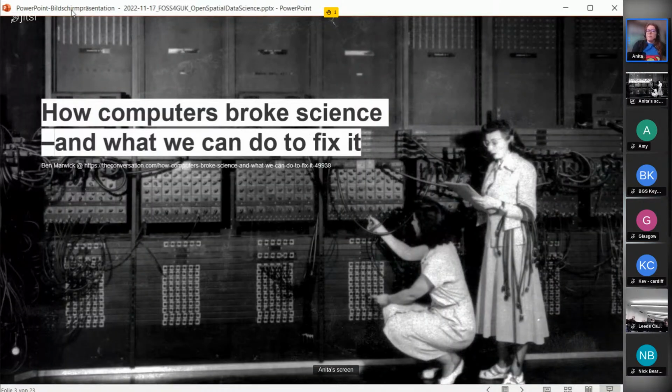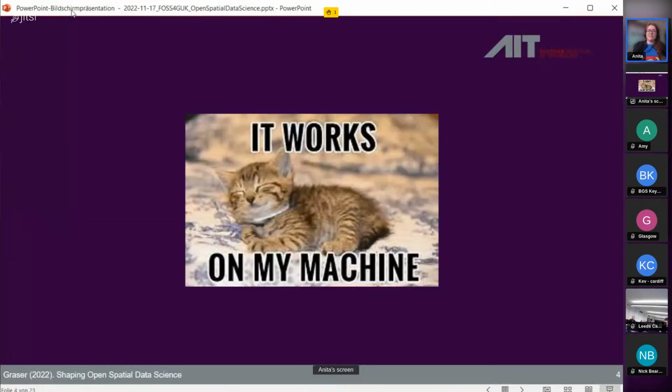Some of you may remember this slide from my last year's Phosphor-G presentation. Basically, what is the problem with open science in general? It's that a lot of things that we do in data science, of course, it's computer-based, so all the problems that can happen when we work with computers also apply to this data science approach.